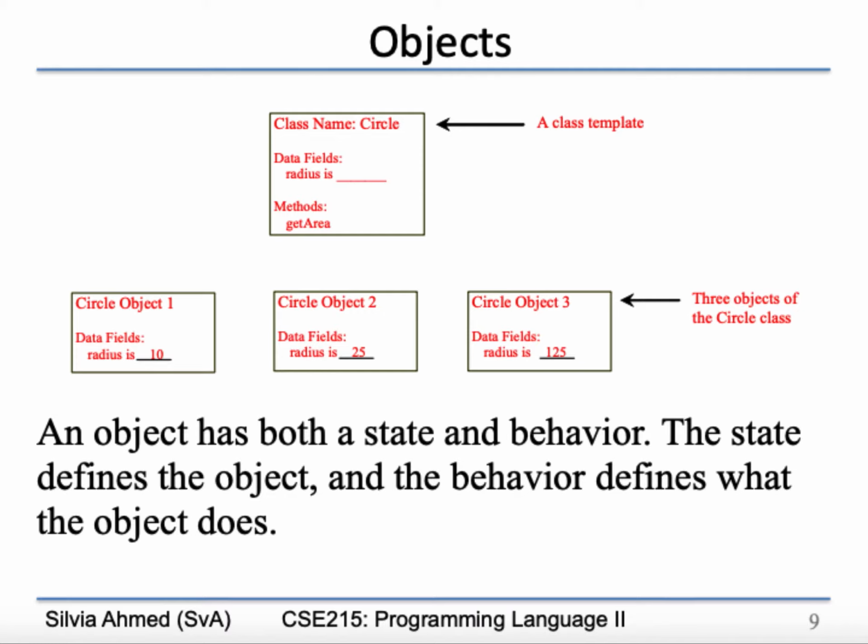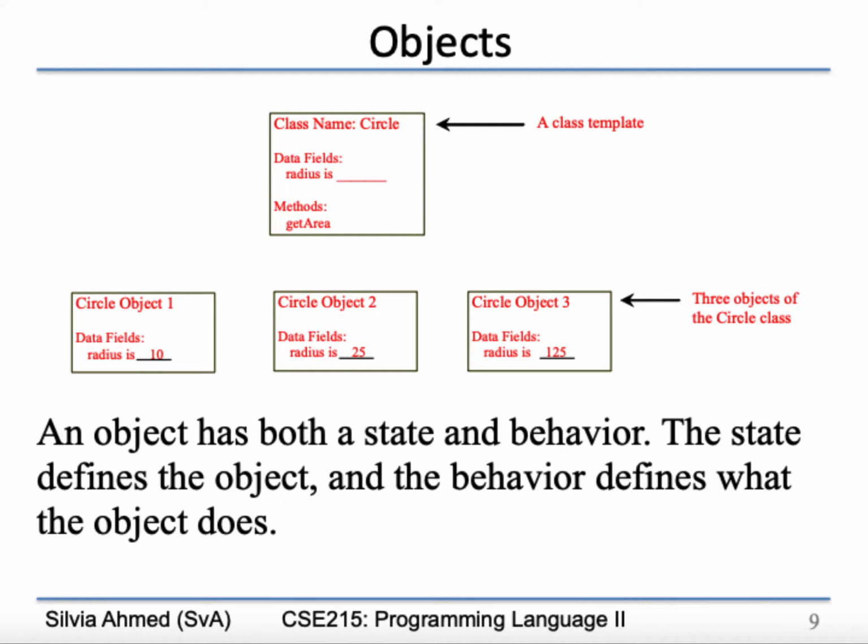Let's dig deeper. In our program, if we need to write the code for each circle object multiple times, that is again a tedious job. The only difference between these circle objects is the value of the radius. The rest of the things are the same.